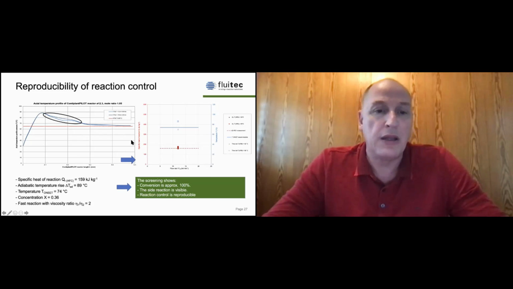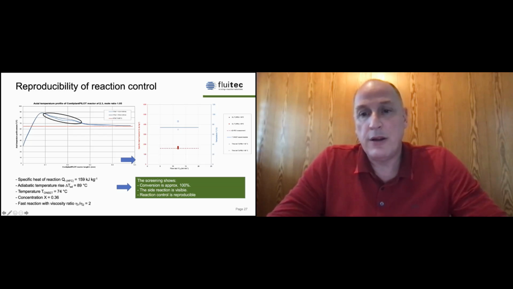We can see there is some side reaction starting. And here, depending on the way the reaction acts, you have some small deviations. You can see here that was the measurement of the reaction, the two here. And here you see we were producing some more heat compared to the measurement of the RC1.